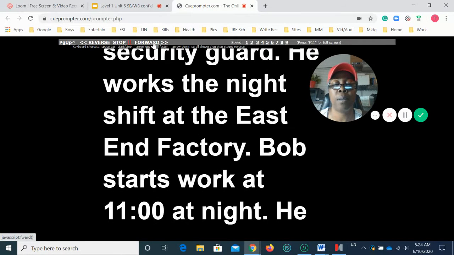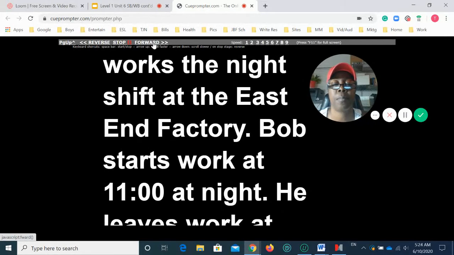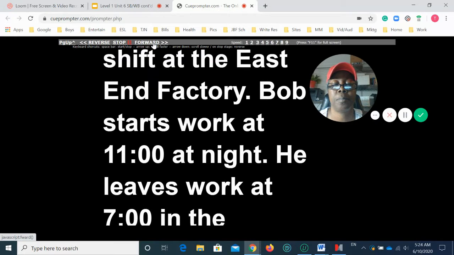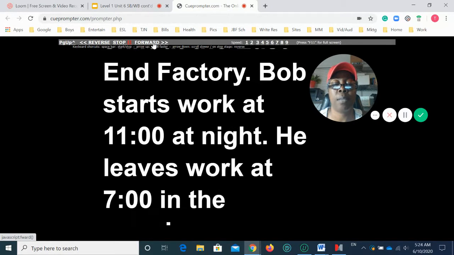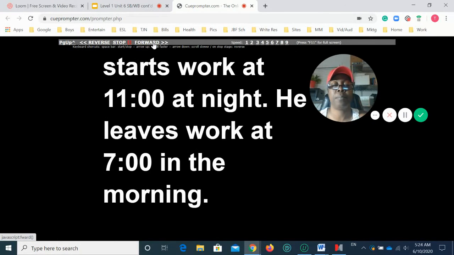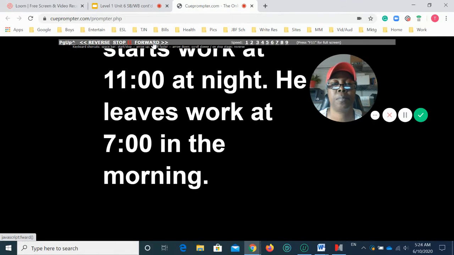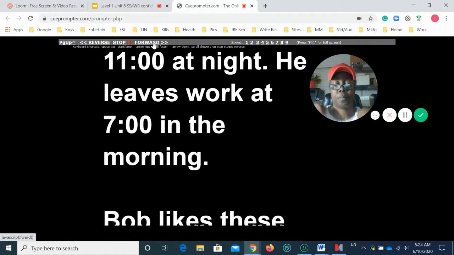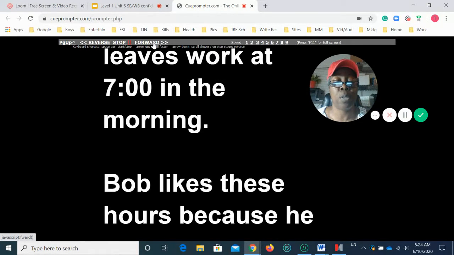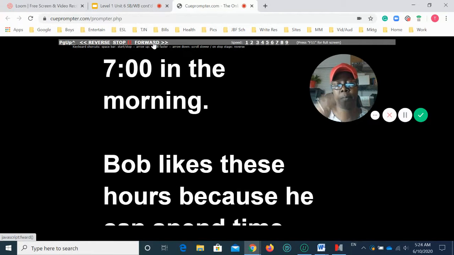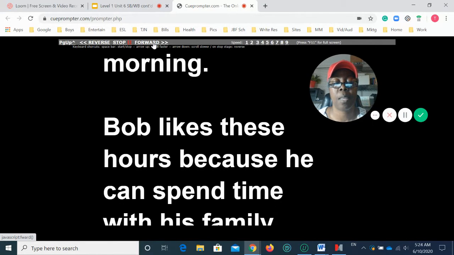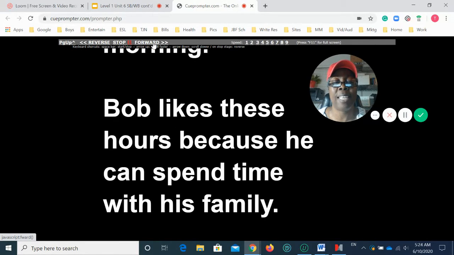Bob starts work at 11 at night. He leaves work at 7 in the morning. Bob likes these hours because he can spend time with his family.